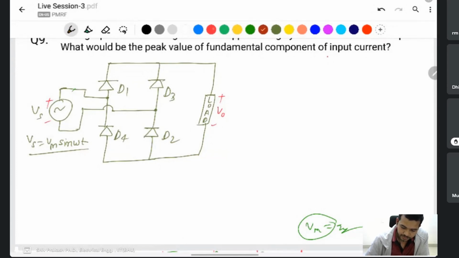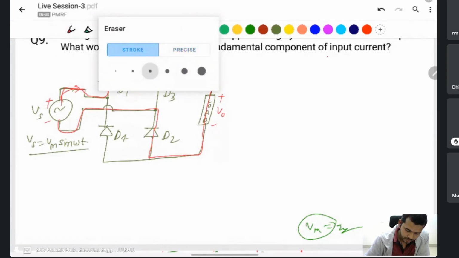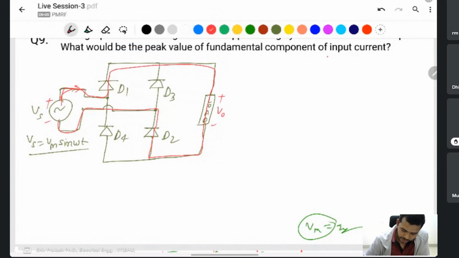Look here. This one D1, D2 on, and current flows like that. Okay. Then plus Vs is connected to the V naught. Same thing in the negative cycle: if D3 and D4 are on, then current flows like this one.